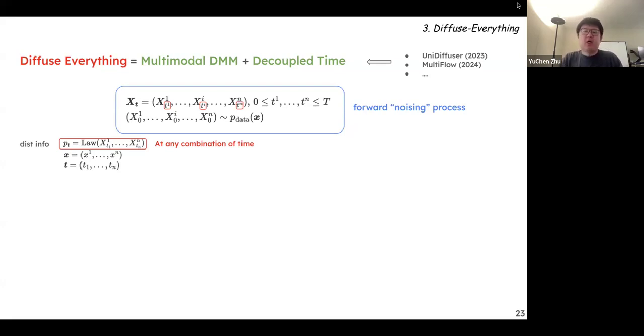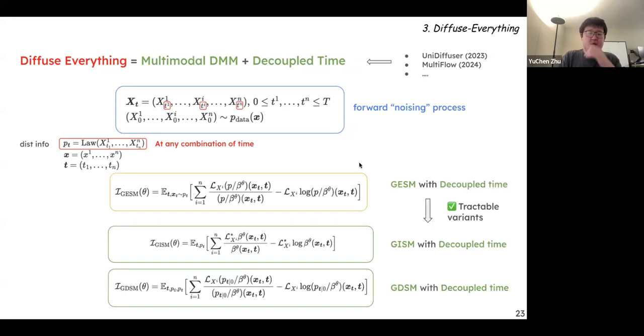I'm sure there's more work that discusses this. But what we do is that instead of treating this only as a trick, we want to include this design into the theory, saying that we actually can learn this property and it will give us what we want. So similarly, with the decoupled time, we can rewrite this objective.